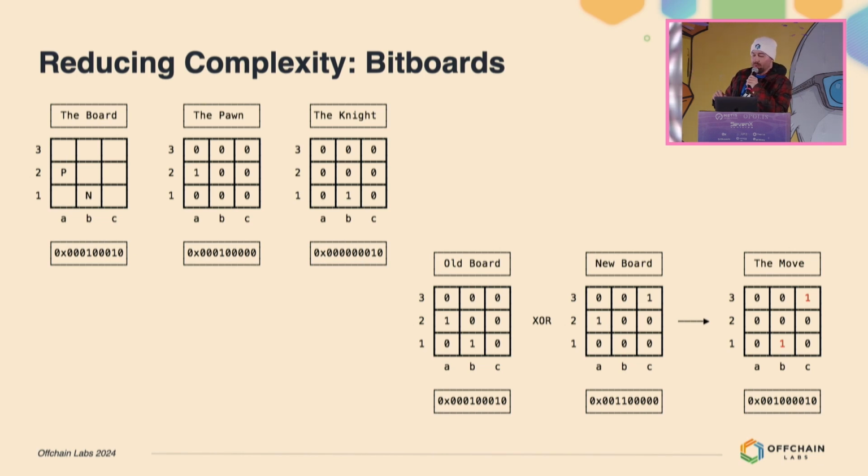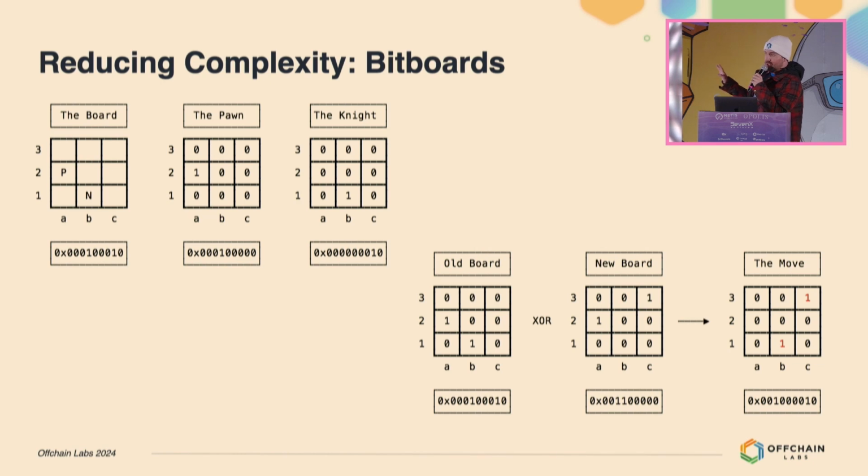Iterating through all that would be computationally expensive. So this makes it easy where you can just do simple XOR operations, bitwise operations, to see which piece moved and whether that move was legal or not.